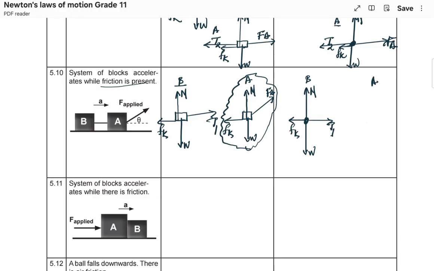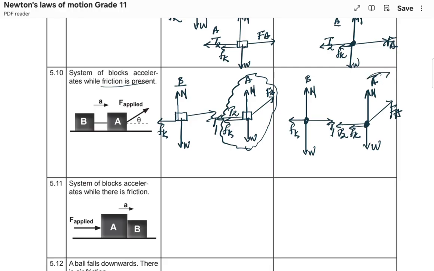So for A, I'll be having the force applied, a normal, weight, then here I left out T2, so there will be T2, also the friction.